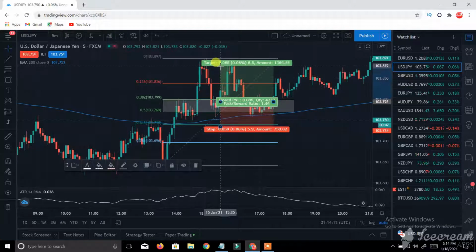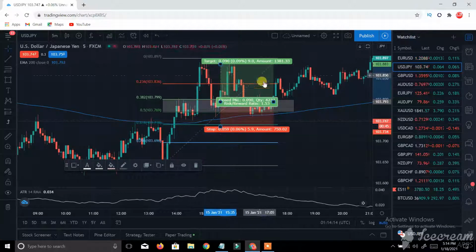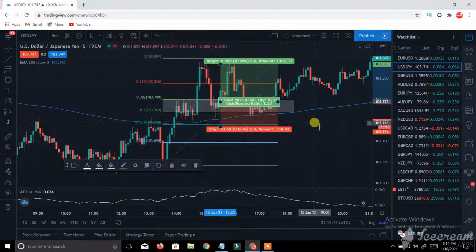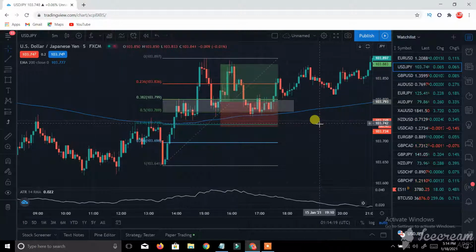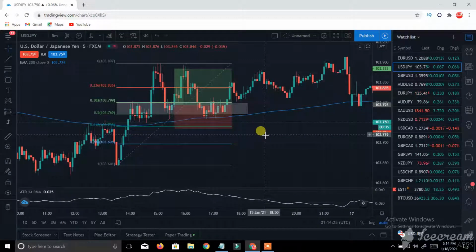and I recommend a 1 to 1.5 because it's a scalp and you don't want to stretch it too long. And one thing about this is you have to get in and get out of the market really quick.